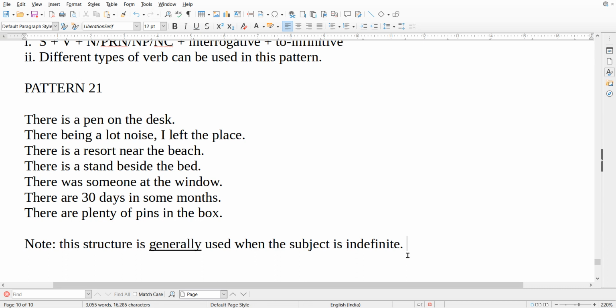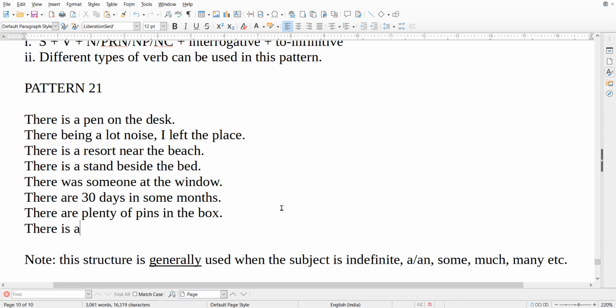Indefinite means when the subject is preceded by the indefinite articles a, an, or modifiers such as some, much, many, a few, etc. I have not used it like this in this case, but that's what it says. It's generally used like that. There are plenty of pins in the box, so that's not incorrect. That's also correct.